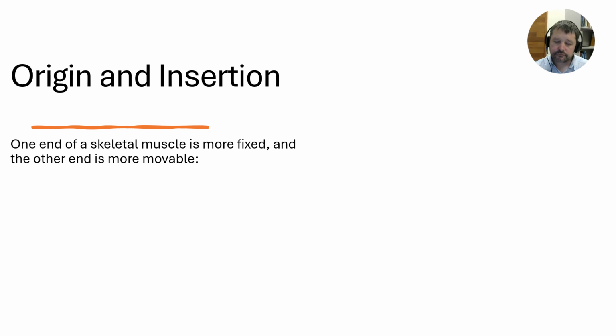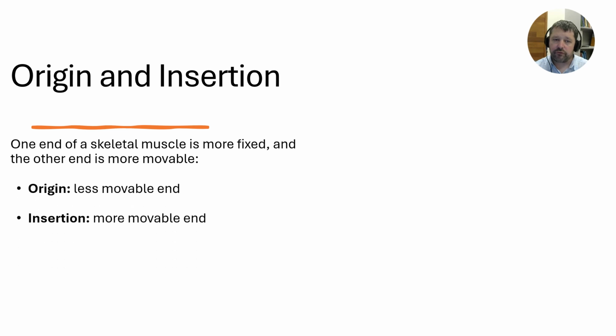Okay? A little bit more about origin and insertion. One end of the skeletal muscle is more fixed, and then the other end tends to be more movable. How movable depends obviously on what part of the skeletal muscle it is. So the origin is the less movable end, the insertion is the more movable end.